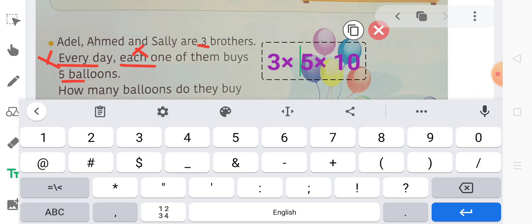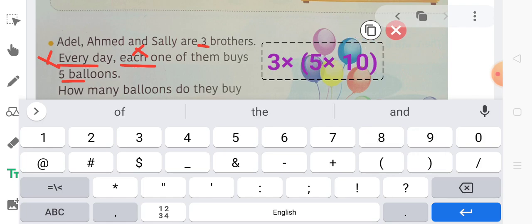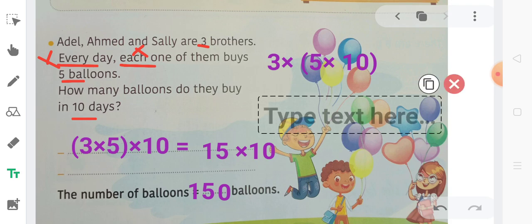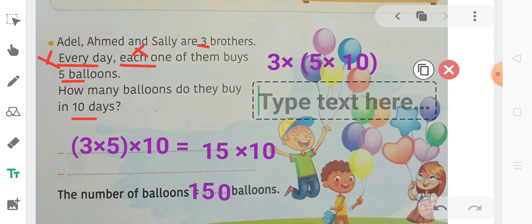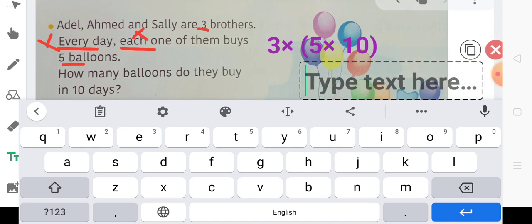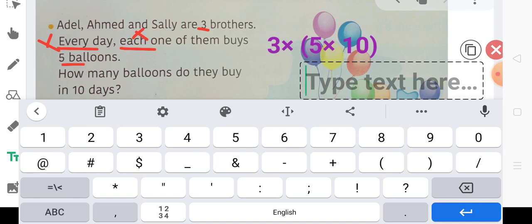Okay. Don't forget the king parentheses. Equals what? Let's see. I won't forget at all that I do 5 times 10. Don't forget it's 50. Yes. I will write what's inside the parentheses, calculated. 5 by 10 equals 50.